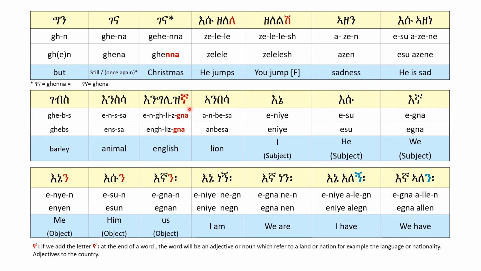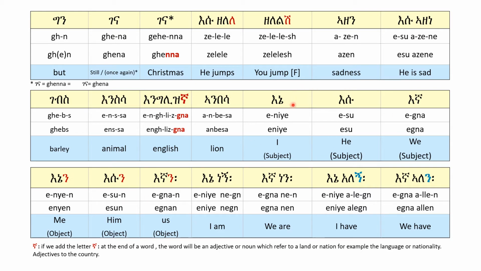And here we have the letter nya. If we add at the end of a word the letter nya, the word will be an adjective or a noun which refers to any nation or country. For example, English, England. If we put nya, Englishnya, it means the English language.